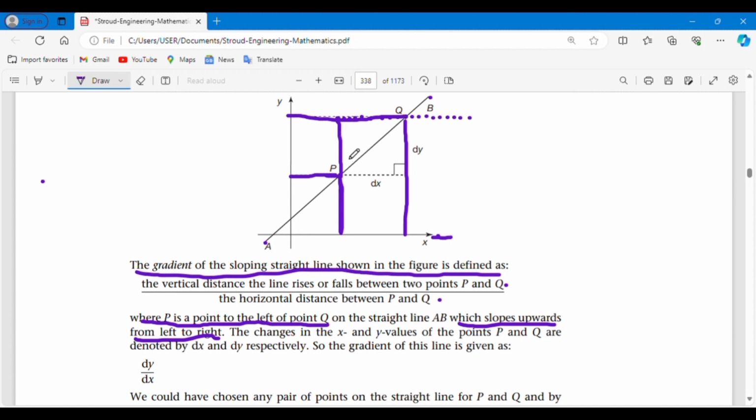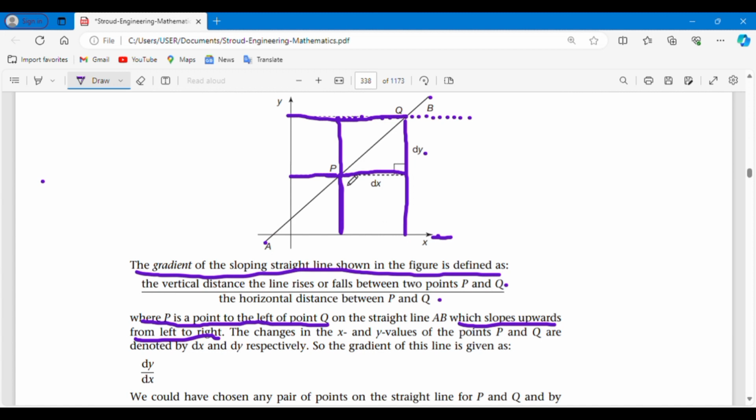Look at this now. The vertical distance. So this one is in the same lane with this line. So we call it dy, change in the y value. Looking at this lane too, from this point to this point, everything here is point x to down point x.